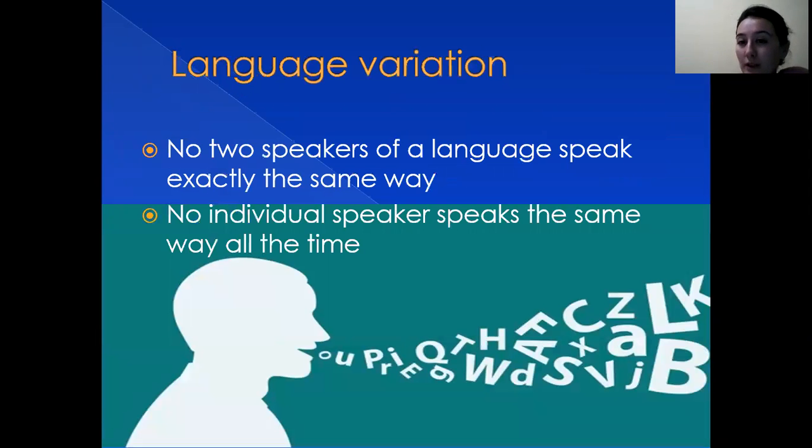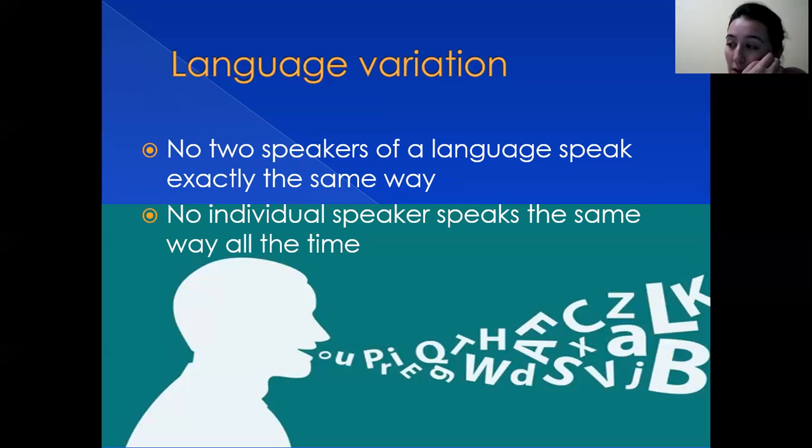So, language variation. No two speakers of one language speak exactly in the same way, and no individual speaker speaks the same way all the time. So this means that two people who speak one and the same language do not speak in the same way, and one and the same person does not speak in the same way.